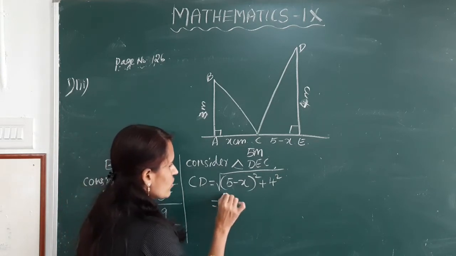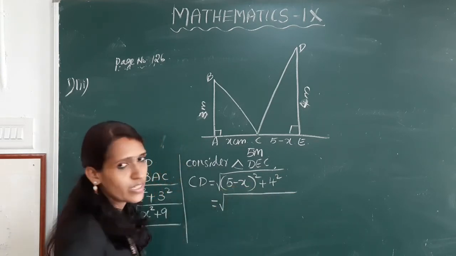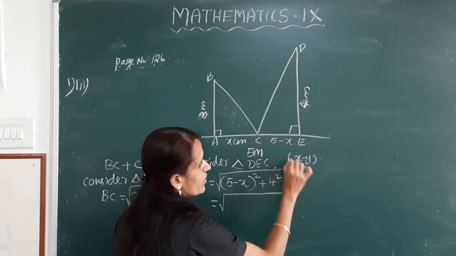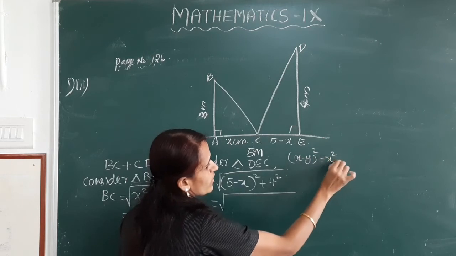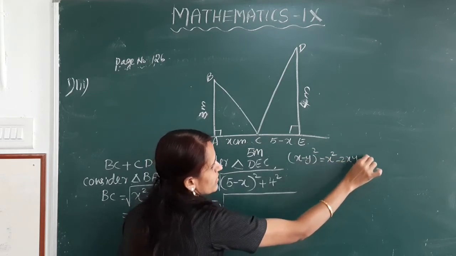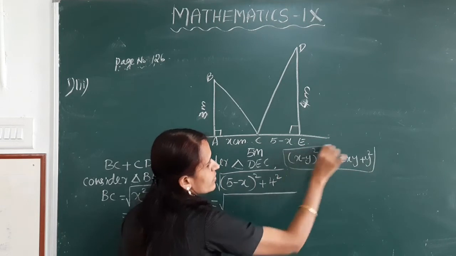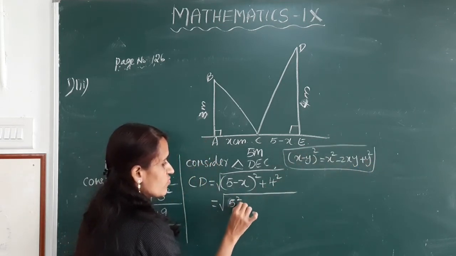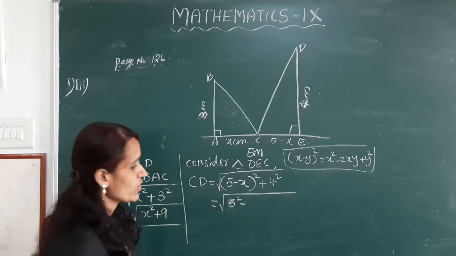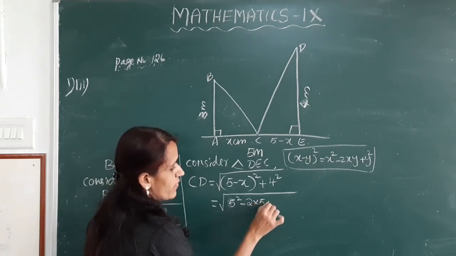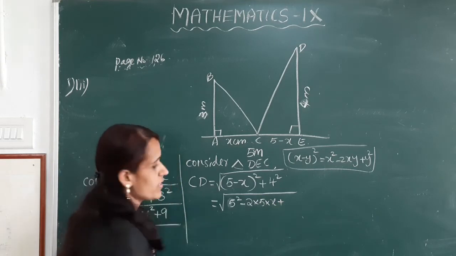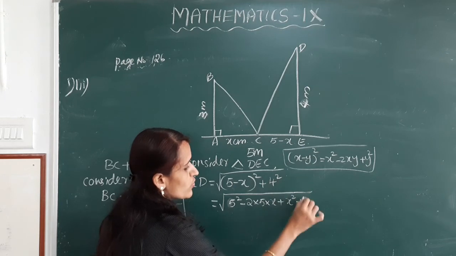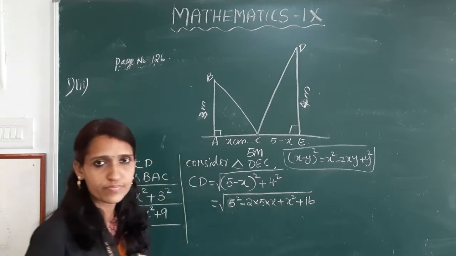This is equal to root of, here using the identity, (x minus y) whole square is equal to x square minus 2xy plus y square, (5 minus x) whole square, 5 square minus 2 into 5 into x plus x square, plus 4 square is 16.